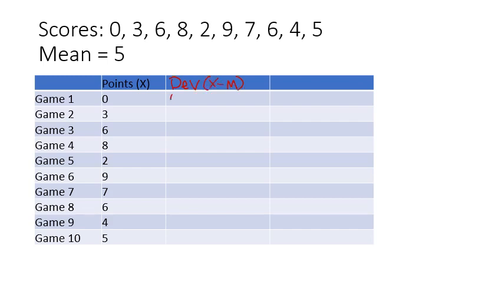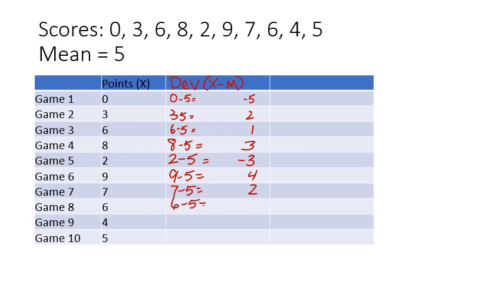So these scores are x, 0 minus 5 equals negative 5. 3 minus 5 equals 2. 6 minus 5 equals 1. 8 minus 5 equals 3. 2 minus 5 equals negative 3. 9 minus 5 equals 4. 7 minus 5 equals 2. 6 minus 5 equals 1. 4 minus 5 equals negative 1. And 5 minus 5 equals 0.